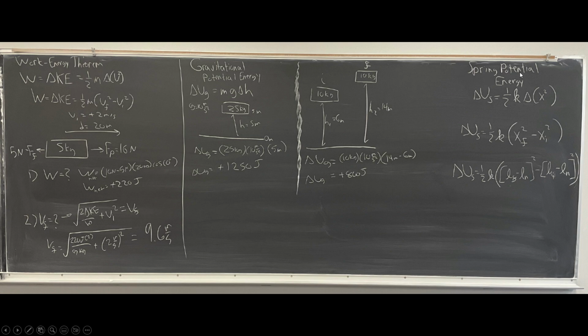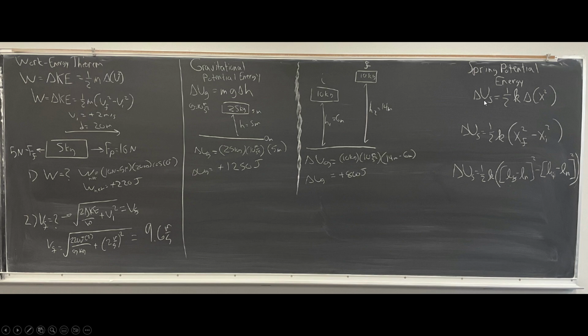Now let's say we have spring potential energy. That would be represented with delta U_S, S being for spring. That's if you take a spring and you expand it or you compress it from its natural position.